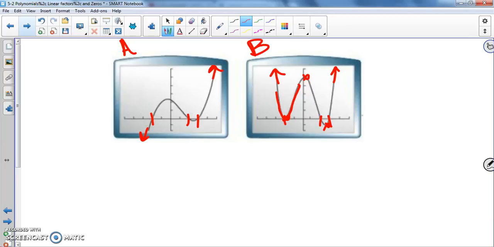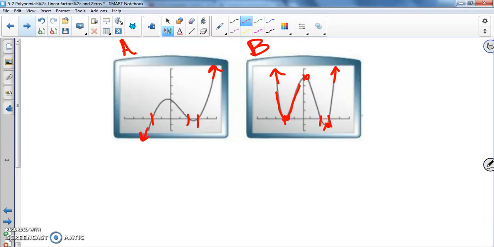So we had a repeated linear factor of x plus 2, making -2 a multiple 0. So, in particular, the x plus 2 factor appears twice. We can say that -2 is a 0 of multiplicity 2.